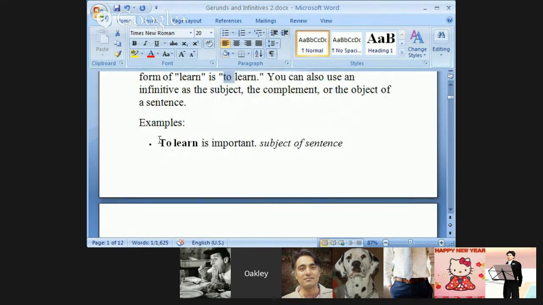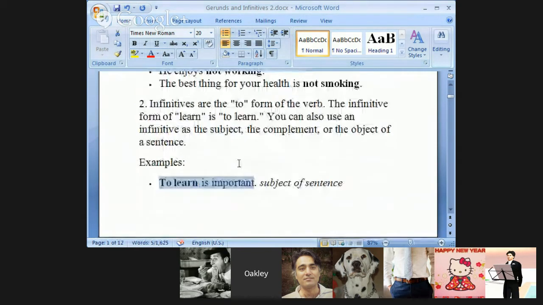Okay, to learn is important. Well, la-di-da, the subject of a sentence. Notice the difference. Learning is important and to learn is important. If one of those sounds much more formal, you're absolutely correct.